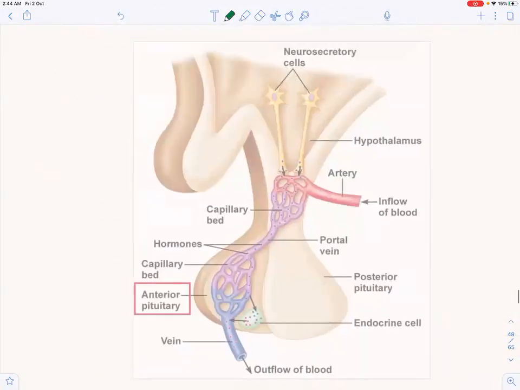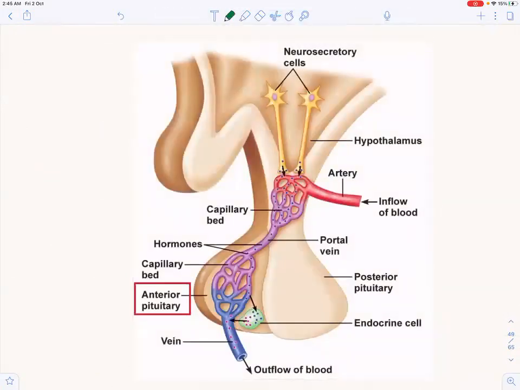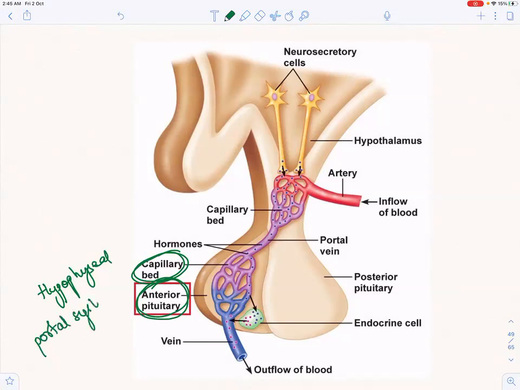They have very nicely shown the anterior pituitary, where this is the capillary bed, which is forming the hypophyseal portal system, right? And these are the hormones that are traveling.